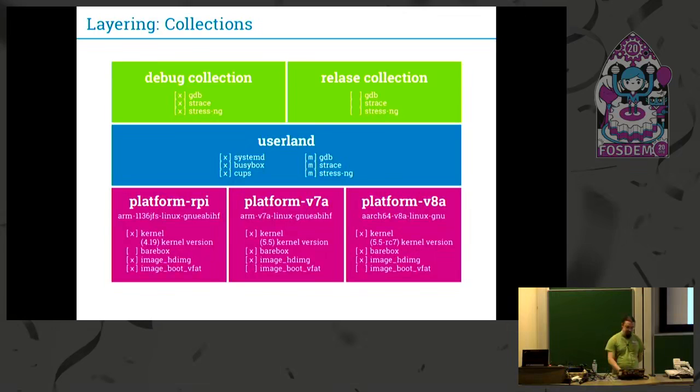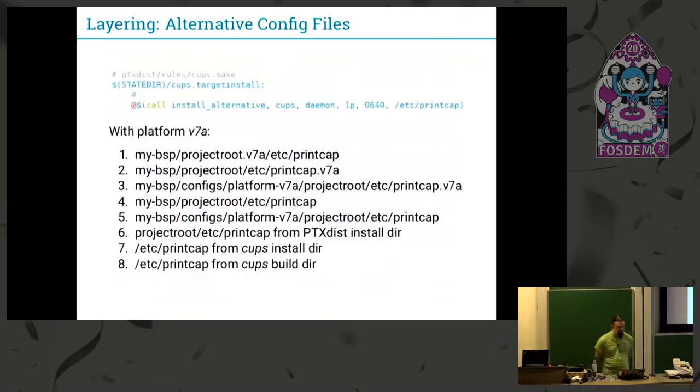So you set these debug packages to M, and then choose them at a later step in a collection config file. And in the debug collection, you enable them, and maybe in the release collection, you don't enable them. Yeah. These are collections.